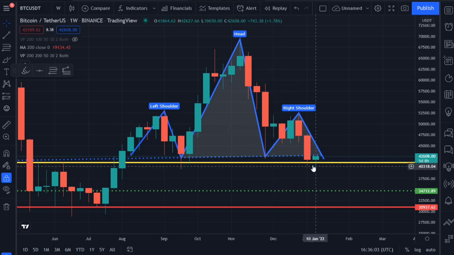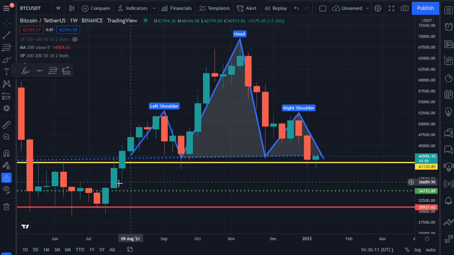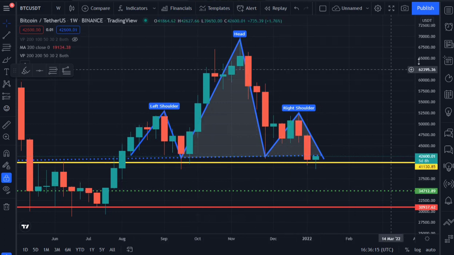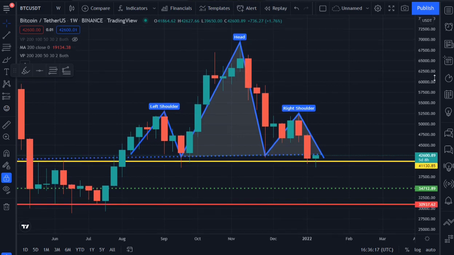Now this is the head and shoulder pattern, and if Bitcoin should lose this support area of $41,000, which is in yellow, we should expect this head and shoulder pattern to retrace to around $34,000.